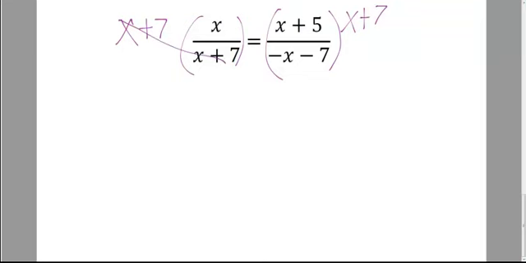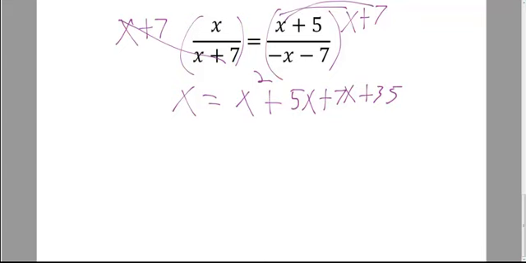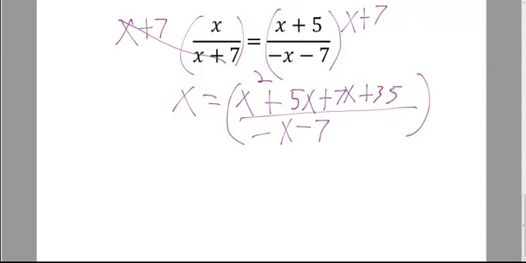So this crosses out, giving me x, and then we need to multiply this out, so we get x squared plus 5x plus 7x plus 35. Okay, and again, all we're doing is that distribution from times 5. And this is going to be over negative x minus 7. Okay, I'm going to combine like terms on the next step just so I don't run out of room.